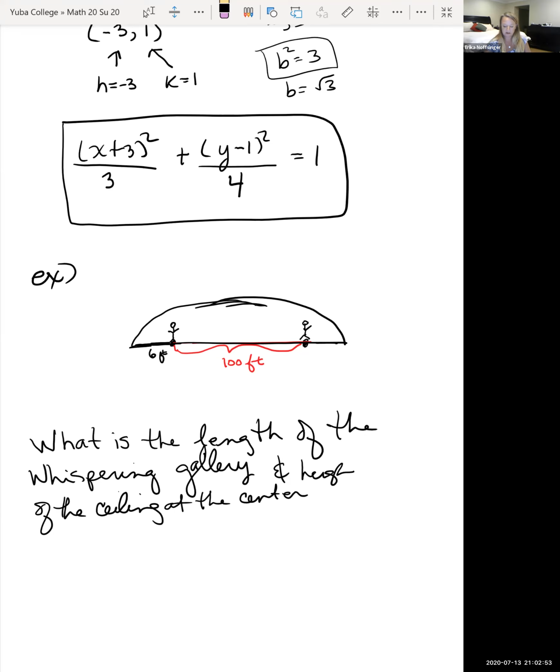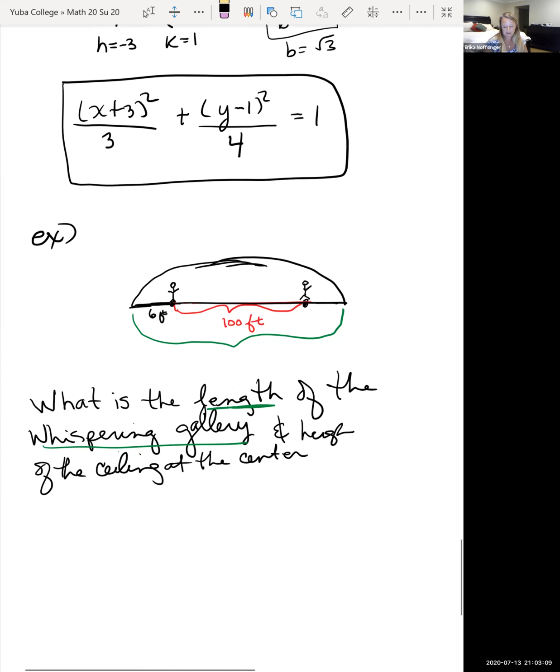Okay, so we want to figure out what is this distance in here. I can actually probably figure this out without doing anything, right? This is 6 feet. We know this length is 100, so this would have to also be 6 feet.